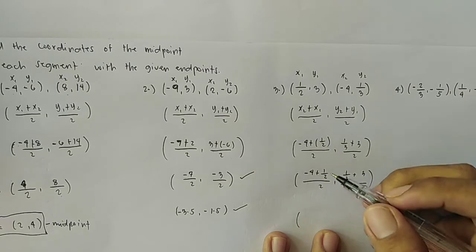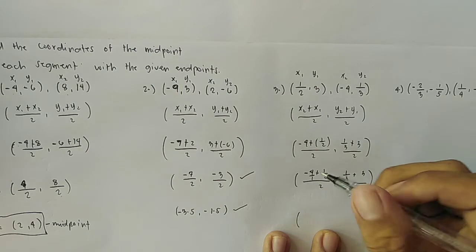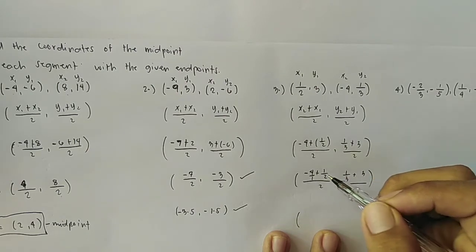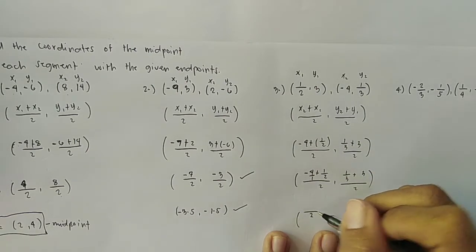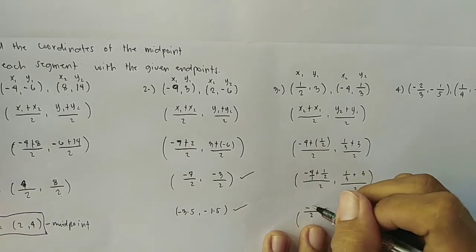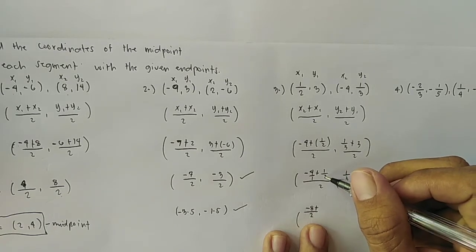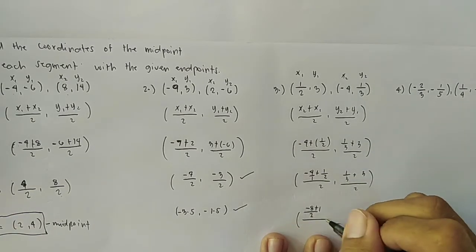Negative 4 is automatically over 1, so the least common denominator between negative 4 and 1 half is 2. Then 2 divided by 1 is 2, times negative 4 is negative 8, plus 2 divided by 2 is 1, times 1 is 1, then all over 2.